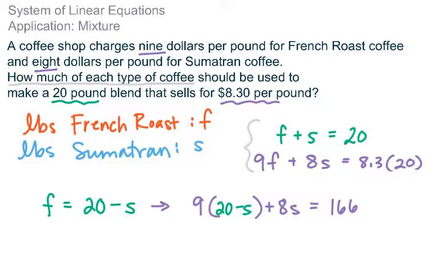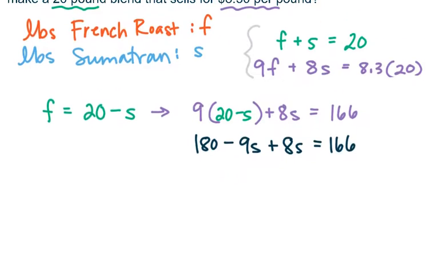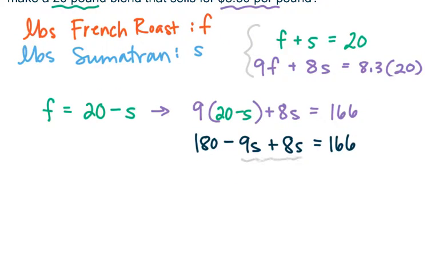So now I'm just going to distribute. I have 180 minus 9s plus 8s equals 166. I can combine like terms on the left side. So I have 180, negative 9s plus 8s is minus s, equals 166.